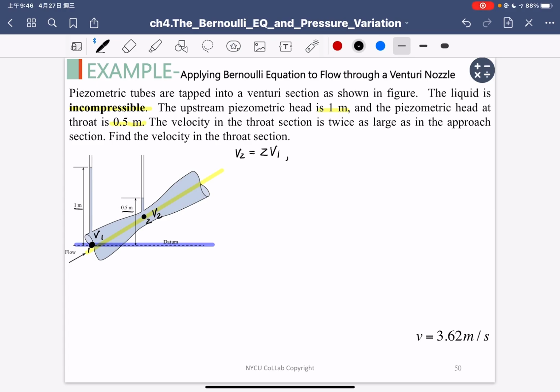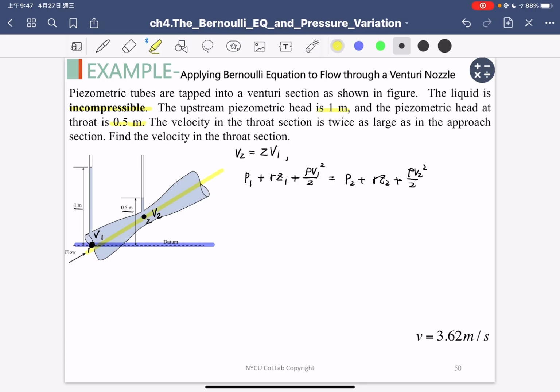So we assume the fluid is incompressible and a steady flow, so it satisfies the Bernoulli equation. So we know that P1 plus gamma Z1 plus 1/2 rho V1 square will equal P2 plus gamma Z2 plus 1/2 rho V2 square. Okay, and what's the problem?